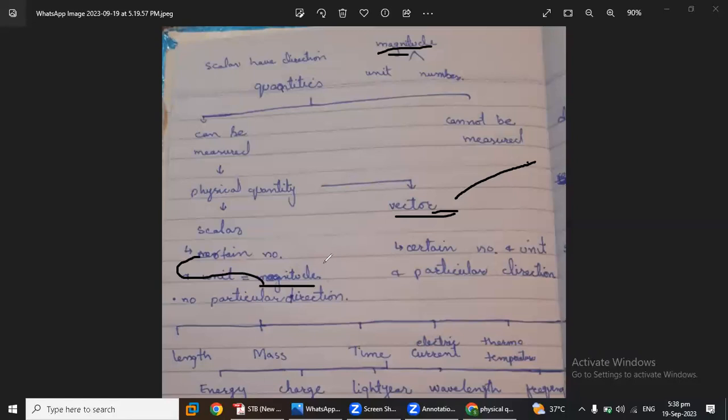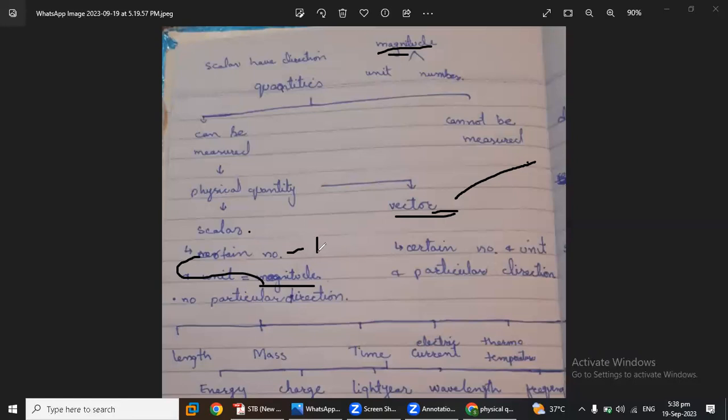And the scalar operations are the same as algebraic operations. In the definition that I read, it is only a certain number, a numerical number or a real number. It cannot be a complex number.